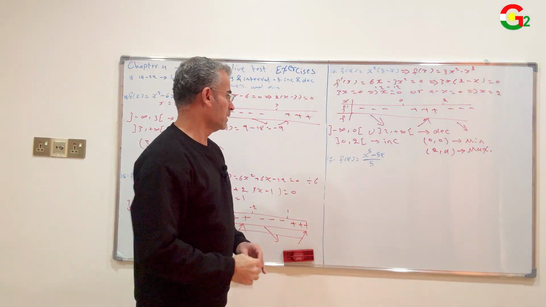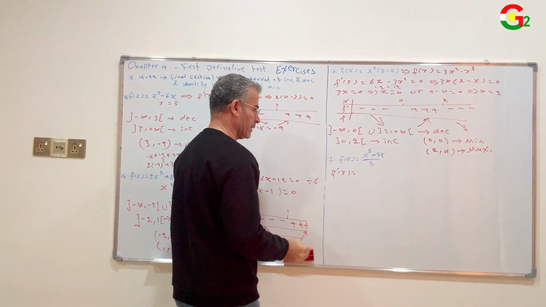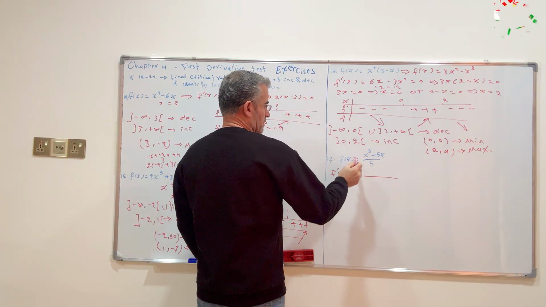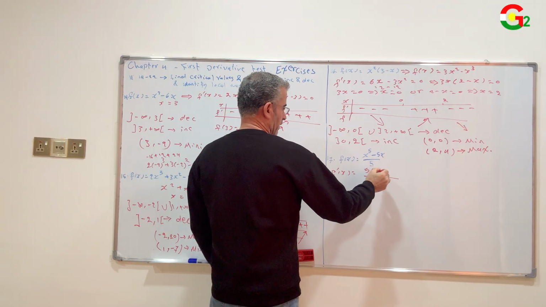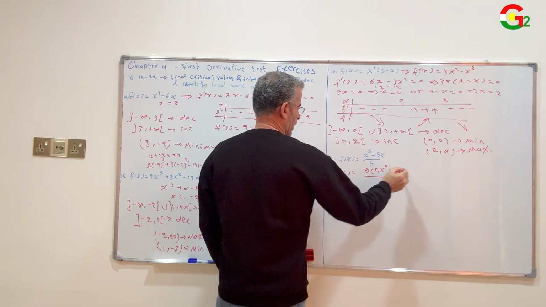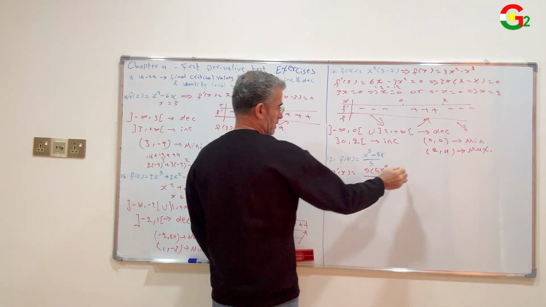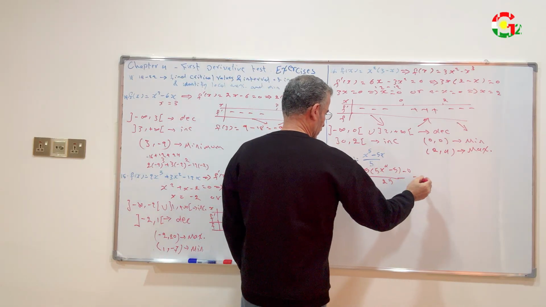Question number 17. Find the derivative of this function to find the critical point. The denominator times the derivative of the numerator, 5 times 5x to the power 4 minus 5, minus the numerator times the derivative of the denominator 0, over 25 equals 0.